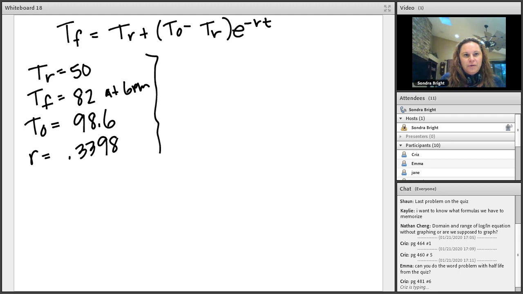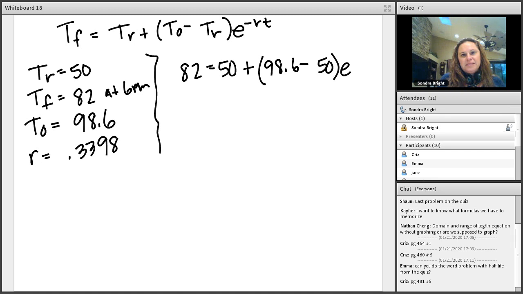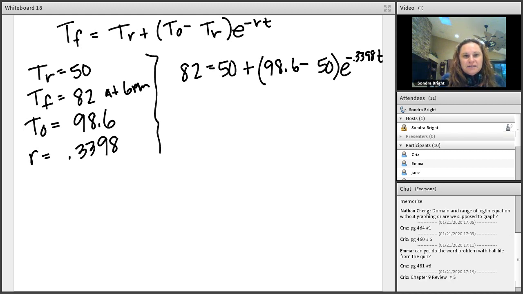All right, so we plug all of those in, and that'll give you 82 is equal to 50 plus 98.6 minus 50 times e to the negative, I'm using that rate, 0.3398, and then t is what we're solving for this time. Subtract the 50.